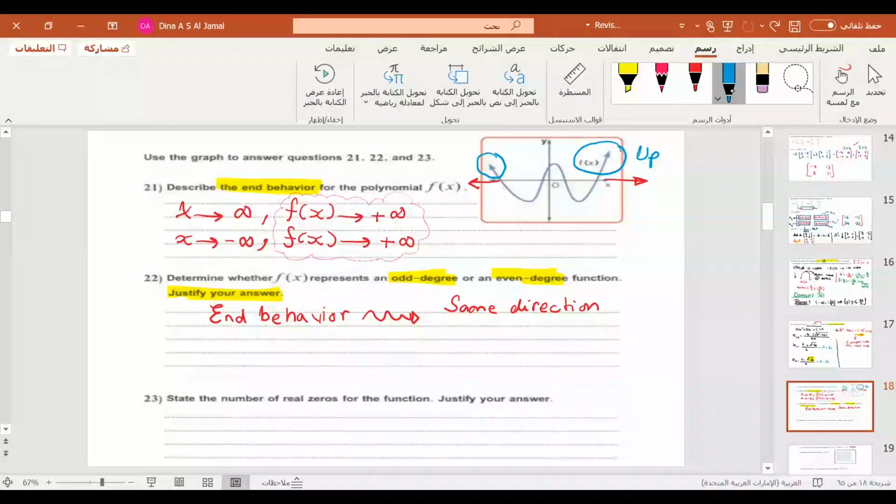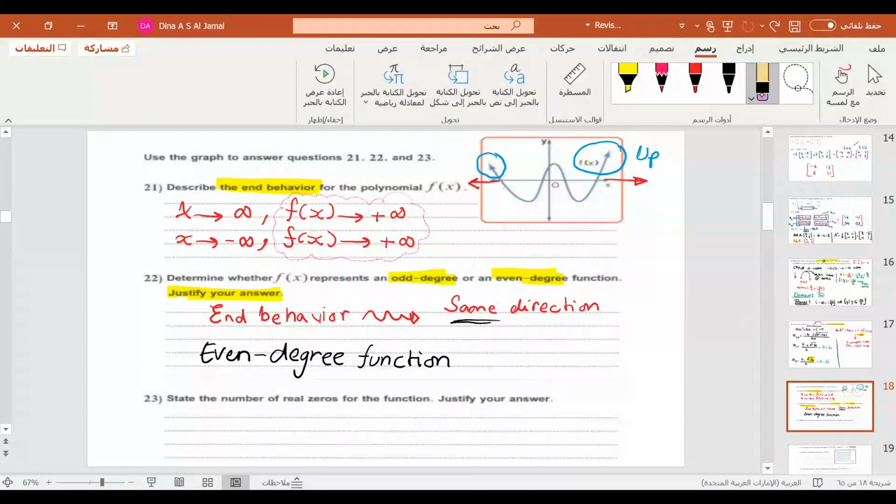That means it will determine for you whether it is odd or even. Whenever you have your end behavior in the same direction, it will be an even degree function. But if it is going with end behavior in opposite directions, that means it will be an odd degree function.